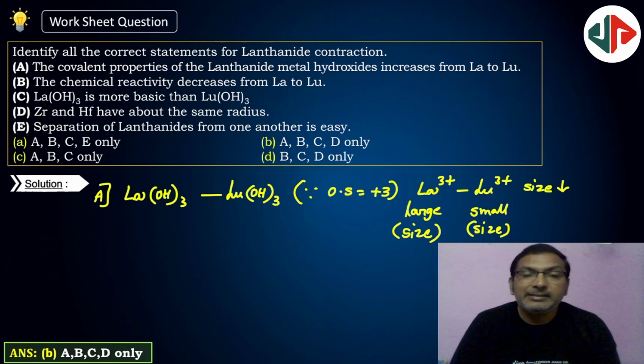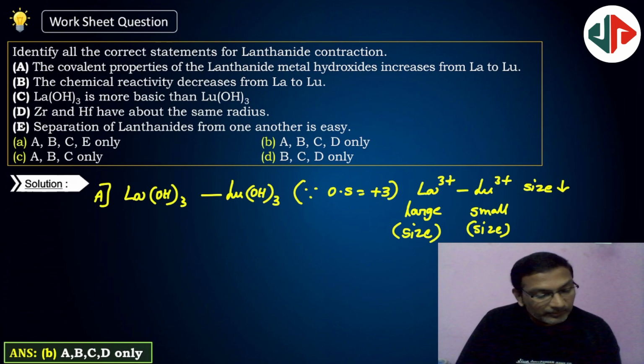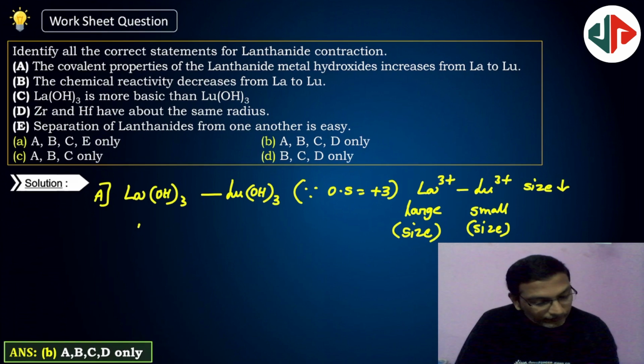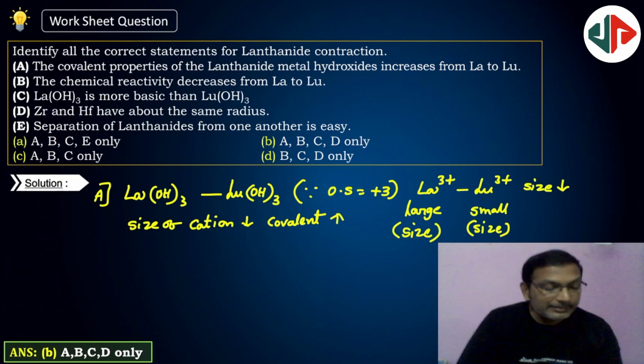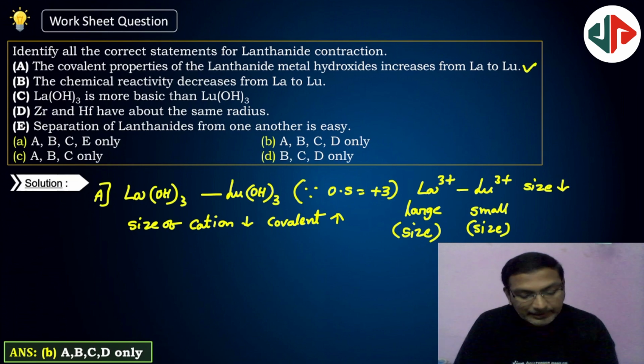As the size of the cation decreases, covalent character increases. So therefore option A is correct. Covalent nature increases from lanthanum to lutetium due to the decrease of size.